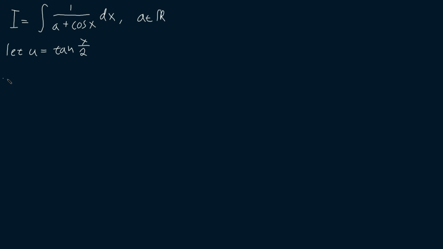We're going to start with the double angle identity for cosine. So cosine of 2x can be written as 1 minus 2 times sine squared of x. Then we can write that this is equal to 1 minus 2 times tangent squared of x times cosine squared of x, since tangent of x is just sine of x over cosine of x.